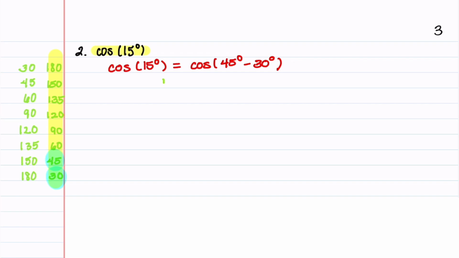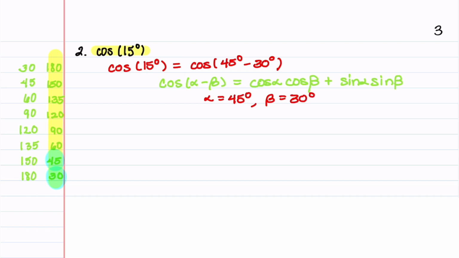Our difference identity is cosine of alpha minus beta is equal to cosine alpha, cosine beta. See how both terms are the same. And then we switch the sign and we add sine alpha, sine beta. And let's make a note that alpha is 45 degrees and beta is 30 degrees.